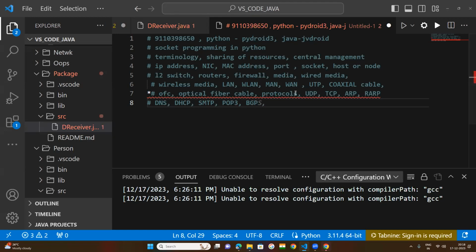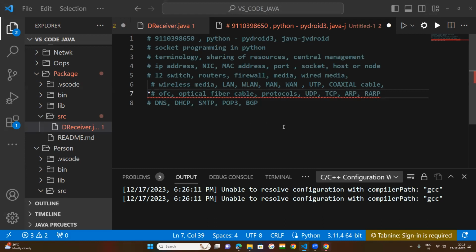And what is the meaning of the protocols? As a programmer, you can write applications, you can develop gaming applications in Java, you can develop websites, desktop applications, and mobile applications.